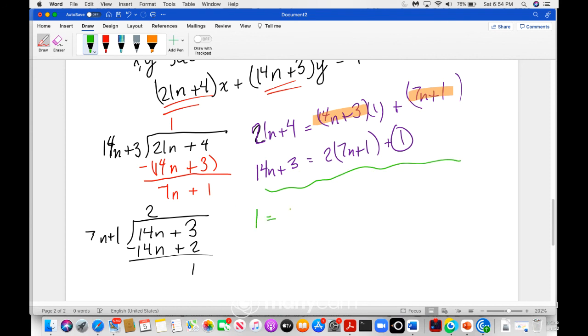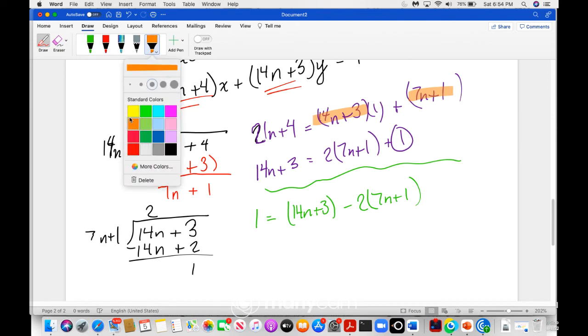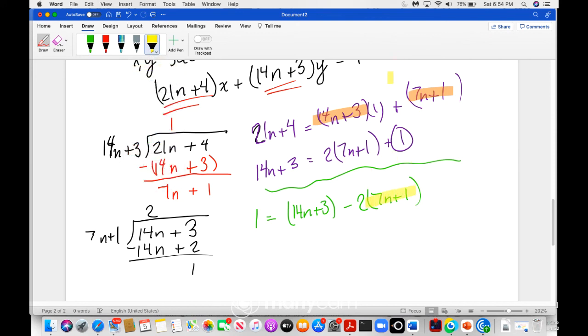One is going to equal 14n plus 3 minus 2 of the 7n plus 1s. Okay, but the 7n plus 1 can be rewritten as the 21n plus 4 minus 14n plus 3.